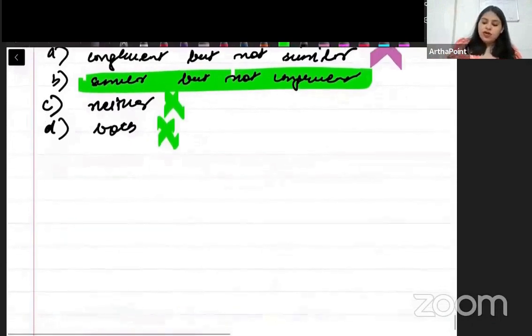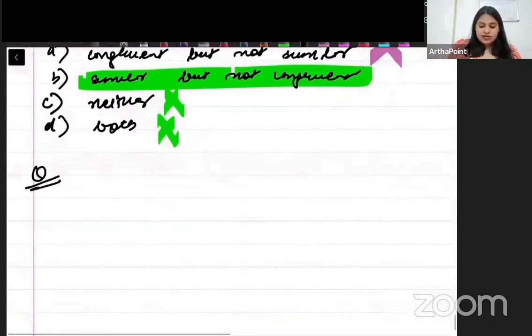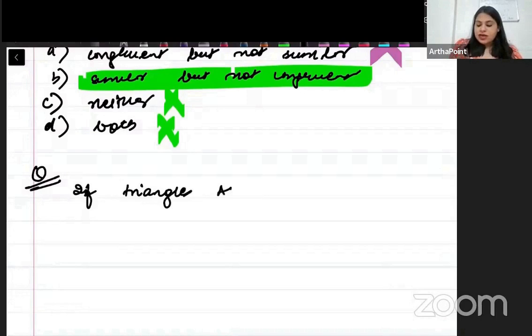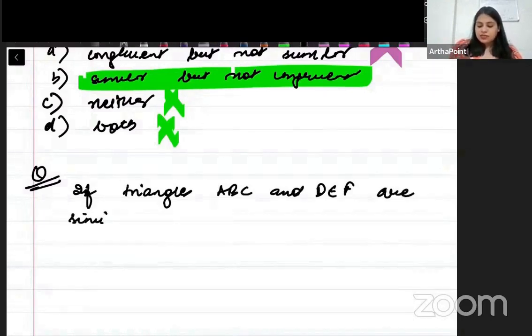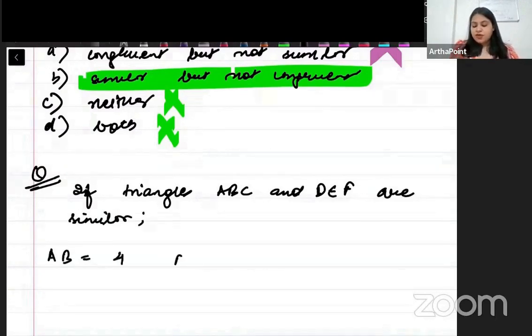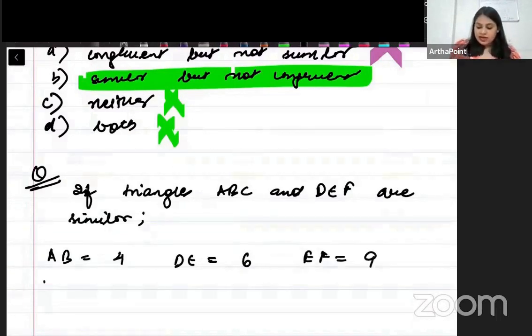I am giving you one question for your practice. So write down: if triangles ABC and DEF, a bit tricky, huh? Are similar. AB is 4, DE is 6, EF is 9, and FD is 12.